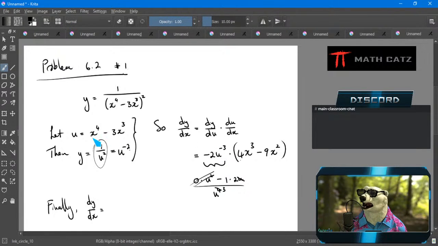This was my helper, my choice to help myself. But it's not a big deal because I see what u is equivalent to. So I simply put back what u is, which is x to the 4 minus 3x cubed. And I make the point to not change anything else while I am doing that.